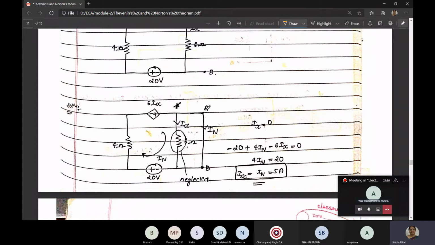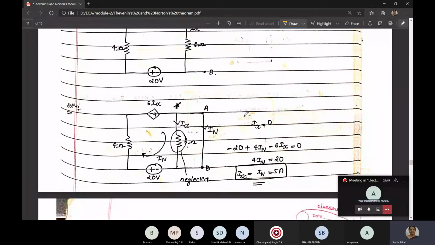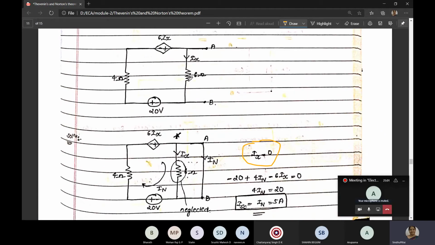After shorting the load terminal, what will be the current in the 6 ohm resistor? There will be no current, because Ix will be 0 here. That is important. All the current will go in this short circuit branch and no current will pass through this resistor.